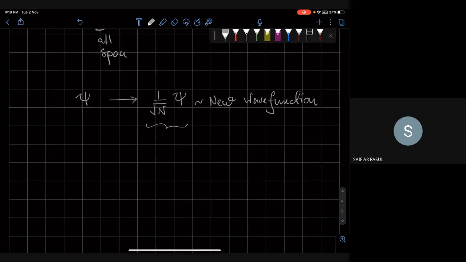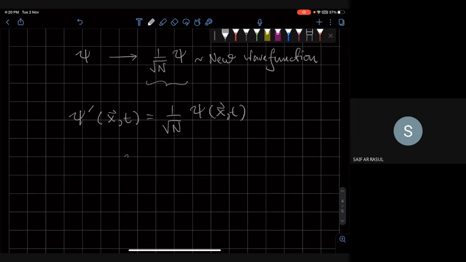So let's call it psi prime. So psi prime of x,t is 1 over square root of n times psi of x,t. Then the integral of the modulus squared of psi prime of x,t over all space will be 1, right?